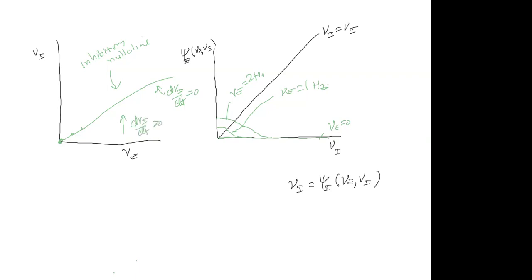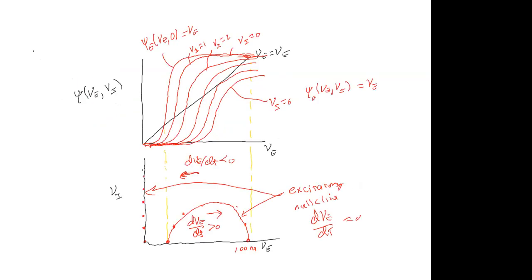And if you're up here, d nu I/dt is less than 0. So the excitatory nullcline is just kind of a boring line. It's probably not straight, it's got some curvature to it. And the inhibitory nullcline is much more interesting and has this shape, down and up. Now let's put them together.